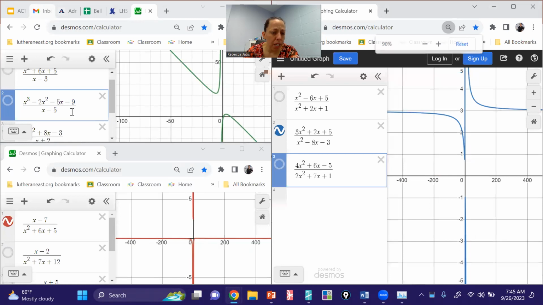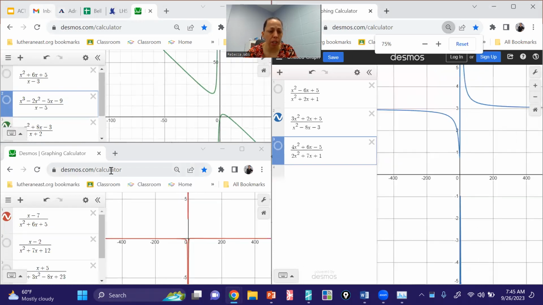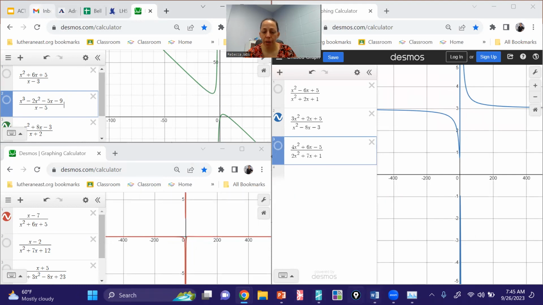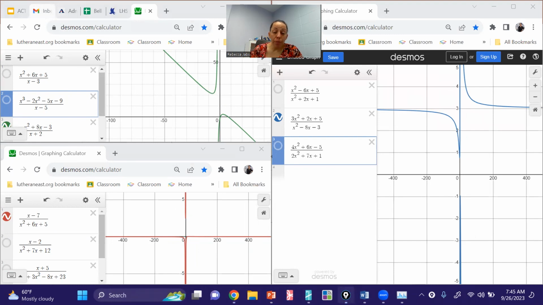But Michaela, what I need you to do is pay attention to these 3 equations. Remember, each Desmos I had put together was similar.